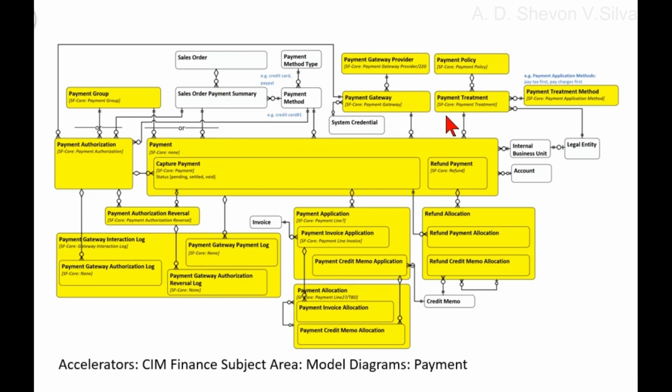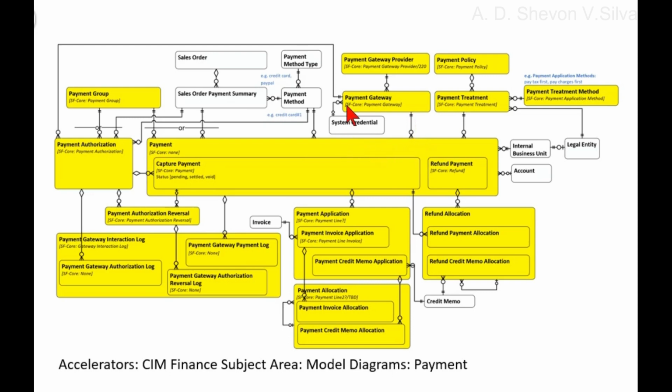Here the sales order payment summary contains sales order, and sales order has zero or more sales order payment summaries. And here the payment has one and only one payment gateway, and payment gateway has zero or more payments.